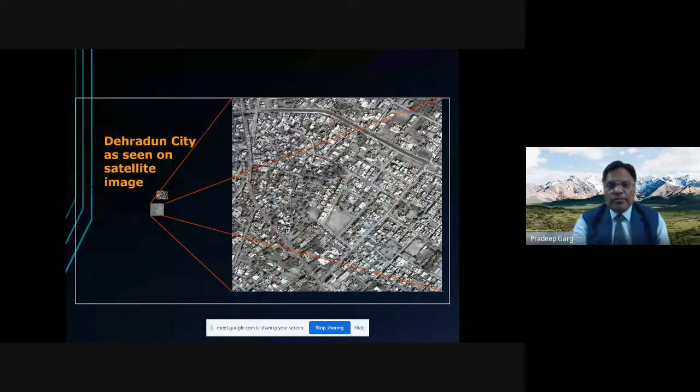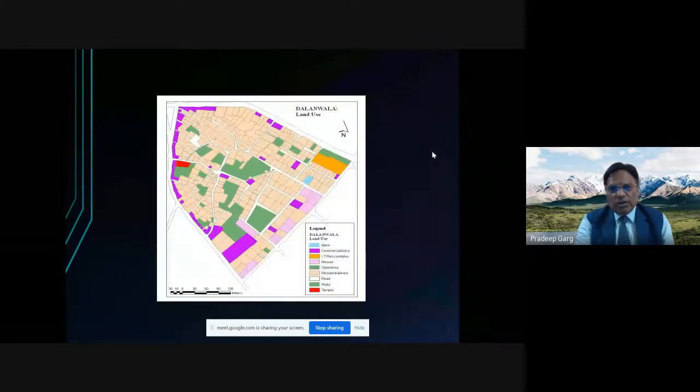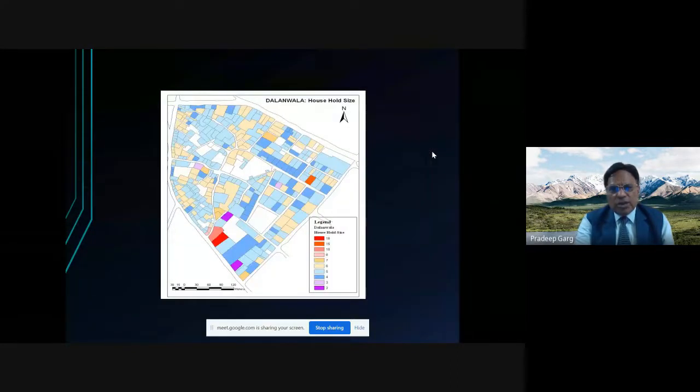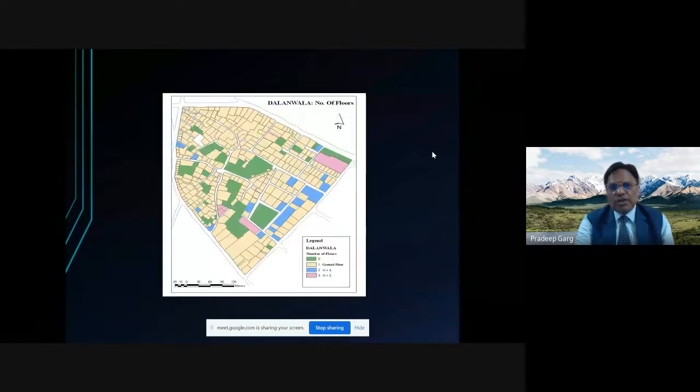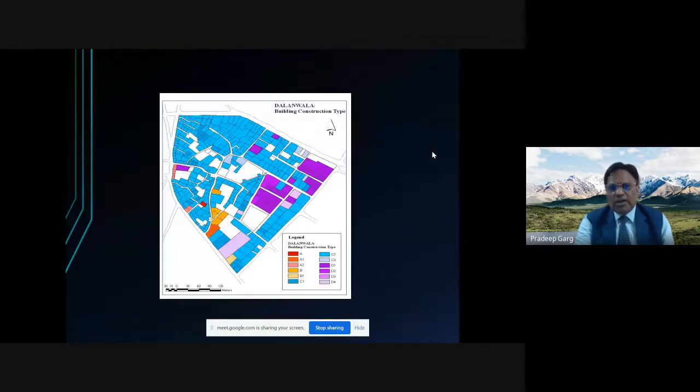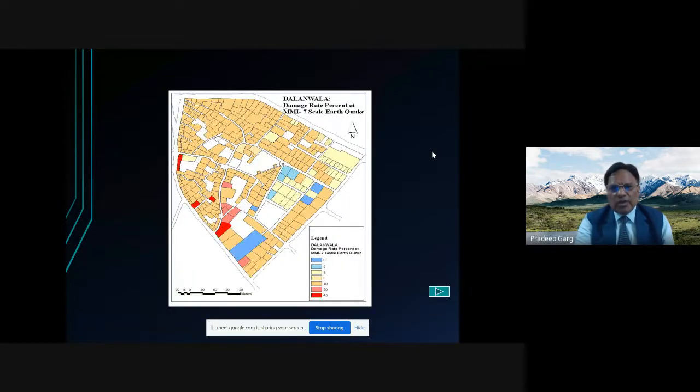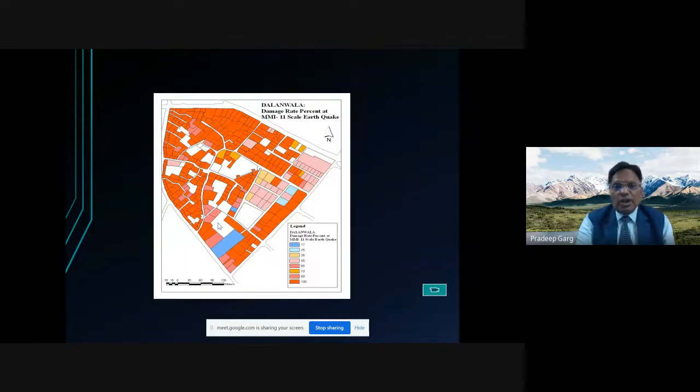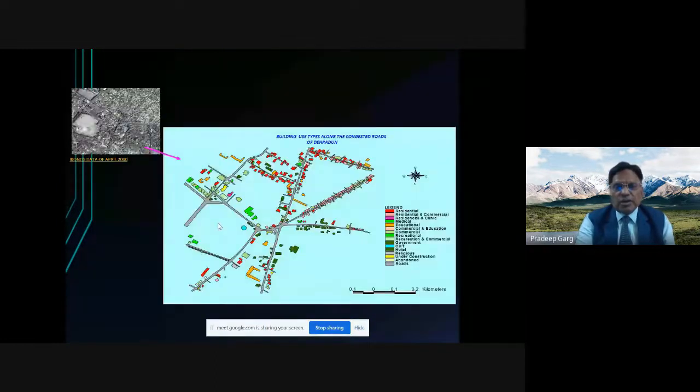So this is a kind of study one can do with the help of the satellite image, find out what is the land use here, what is the household size, how many floors are there, what are the building construction types. Then if the earthquake at Richter 7 scale takes place, which are the buildings which will be damaged. So you can do the simulation kind of study.